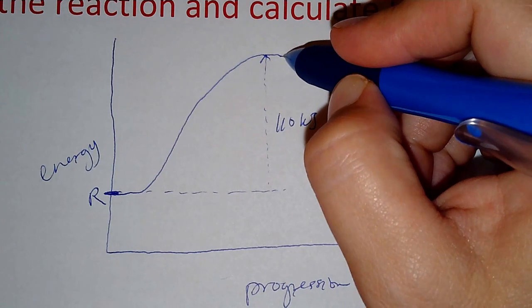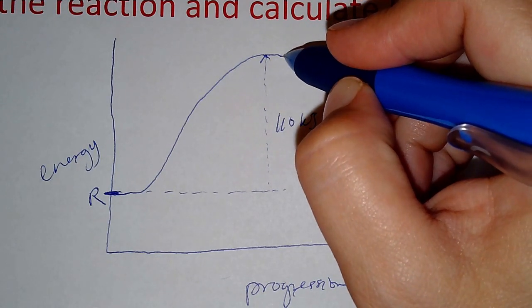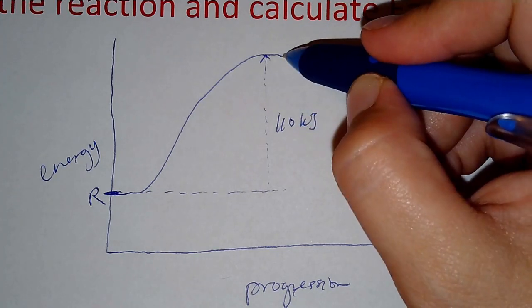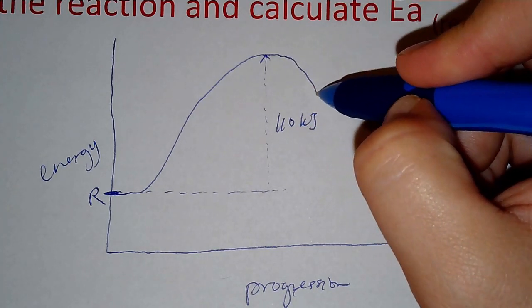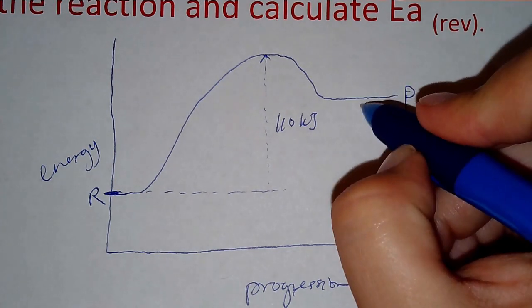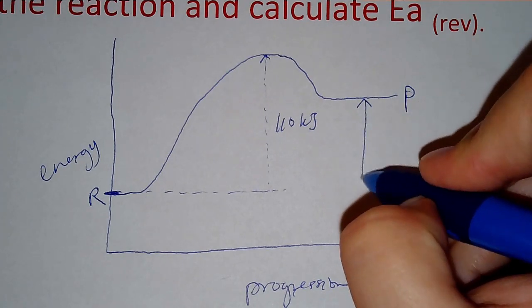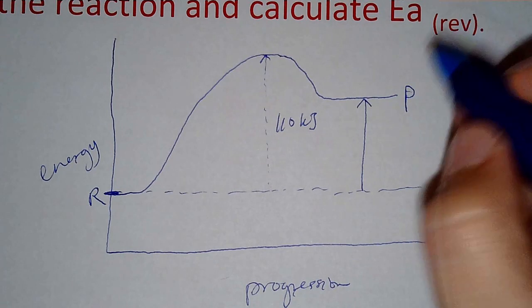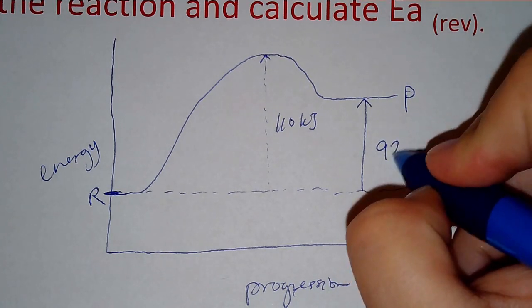And it also means that, considering this is 110 and delta H is 92, this is not going to go down very far. So we're going to put it here and call this my products. So from here to this line with my reactants is going to be my 92, or my delta H.